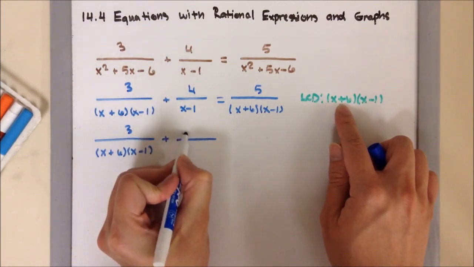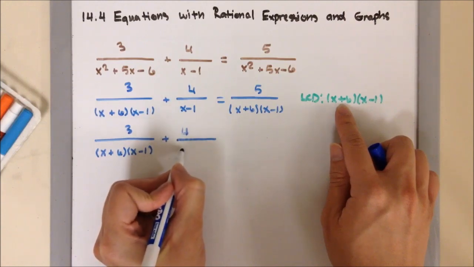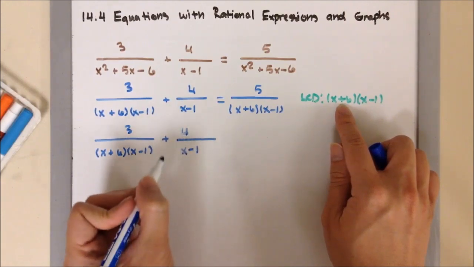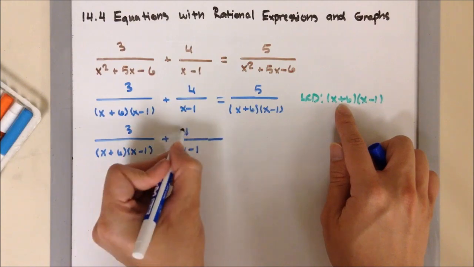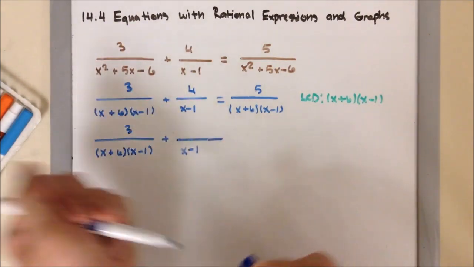So what we're going to do is multiply top and bottom by x plus 6. We still have everything from the second fraction, but again, I'm going to multiply top and bottom by x plus 6.